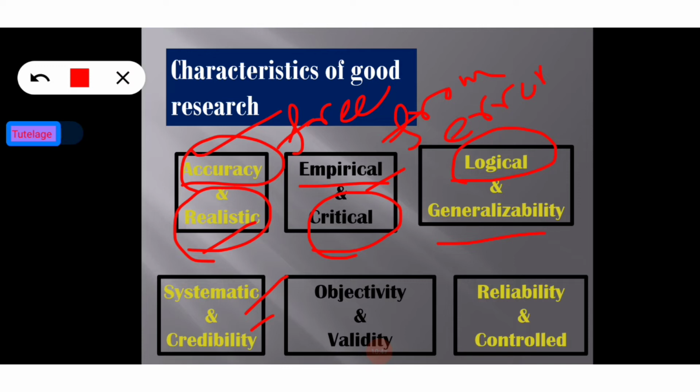Now going to the next point, that is objectivity. Objectivity implies impartiality or absence of bias. Again, same thing, absence of bias, that means free from error. Research should be free from any personal values and beliefs of the researcher.